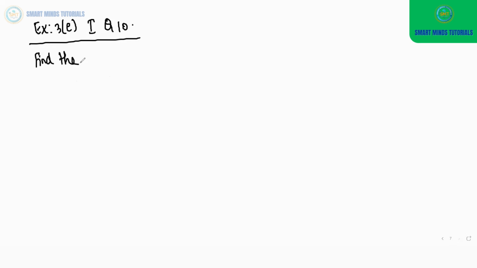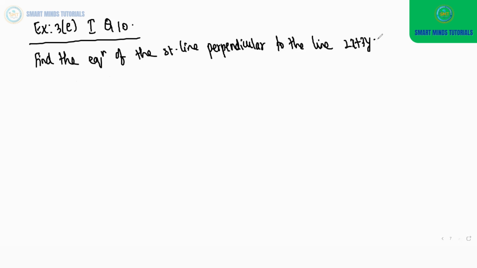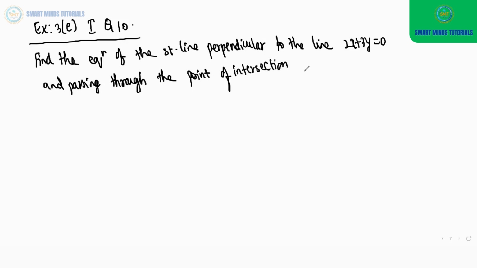The question is, find the equation of the straight line perpendicular to the line 2x plus 3y is equal to 0 and passing through the point of intersection of the lines x plus 3y minus 1 is 0 and x minus 2y plus 4 is equal to 0.